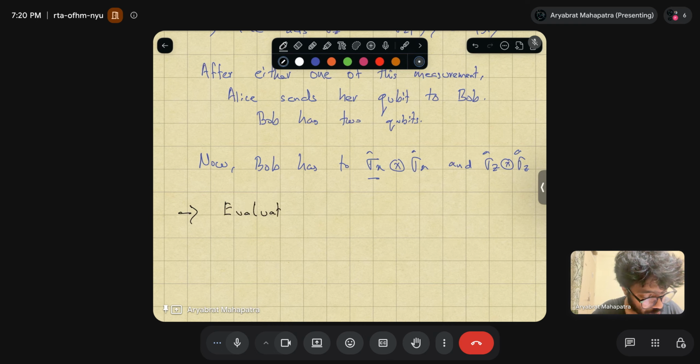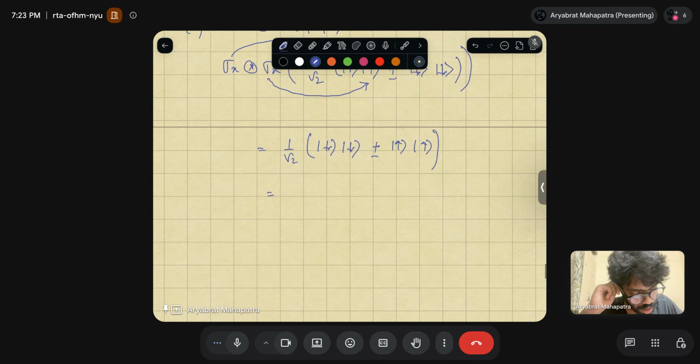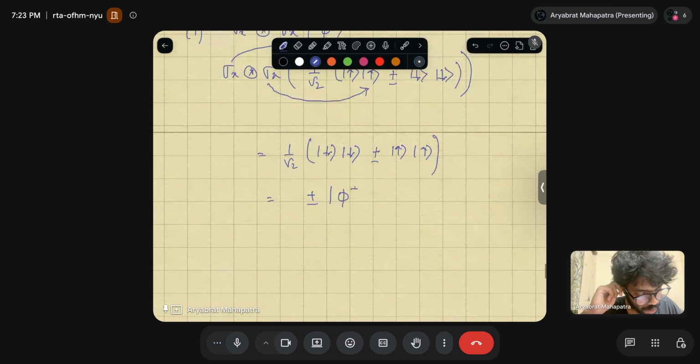So what you will get here, I'm directly writing it down as this. If it is minus, you get it with a minus sign. So you can write it as plus or minus phi plus minus.